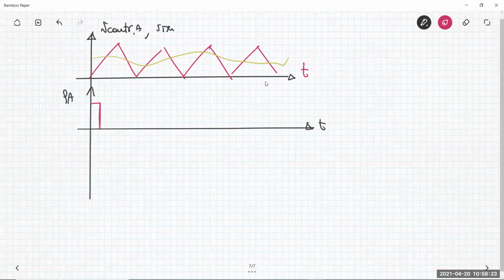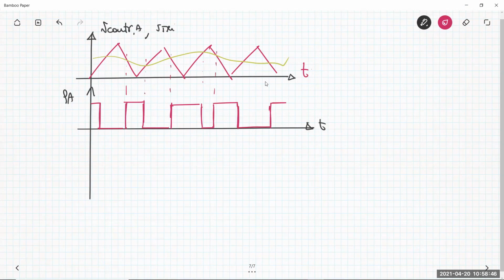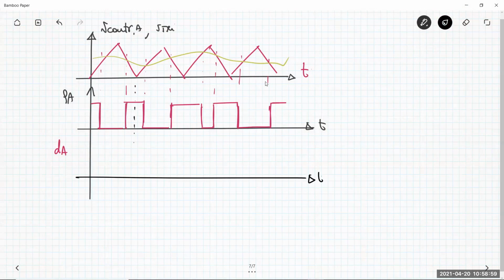Something like this, etc. The duty cycle is computed at each TS, for example.